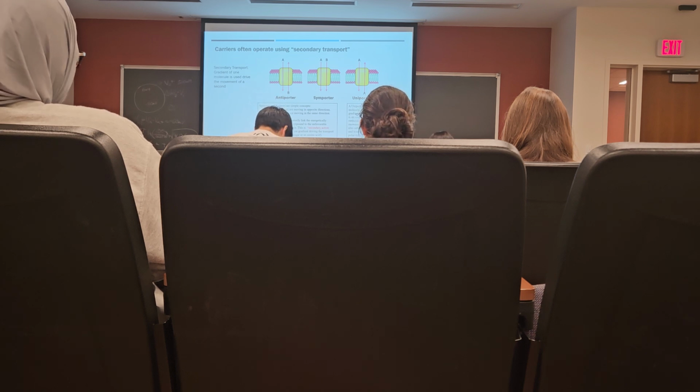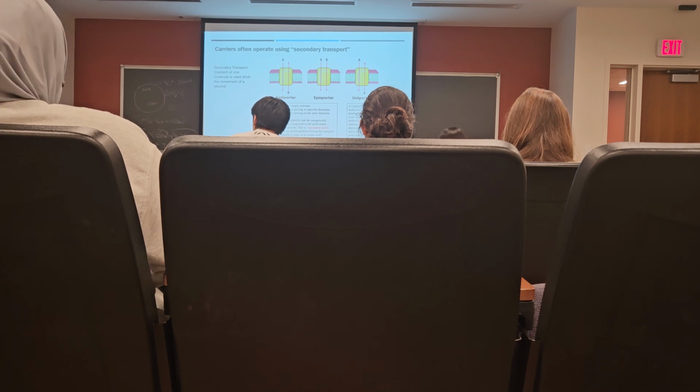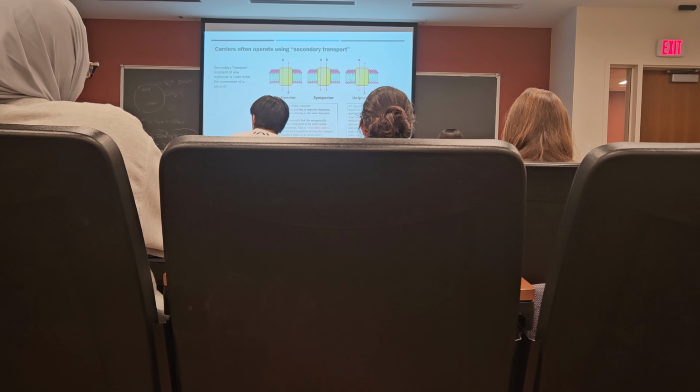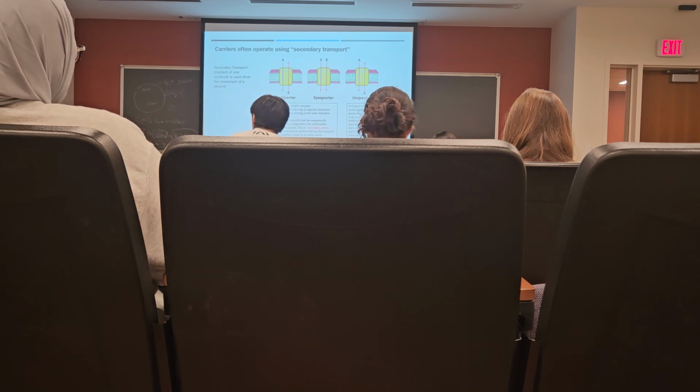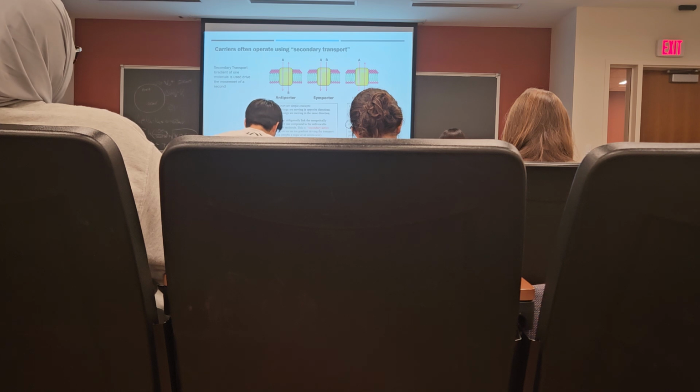So for example, the acetylcholine receptor in the neurons, which we'll talk about today, is an example of a ligand-gated channel. In the presence of acetylcholine, the acetylcholine receptor opens and allows both sodium and potassium to move freely up or down their concentration gradients. It's gated by the presence of acetylcholine.